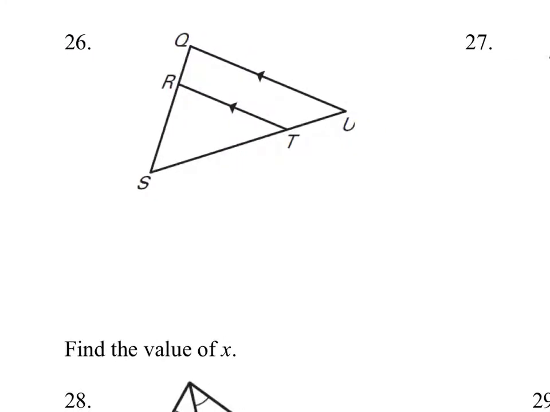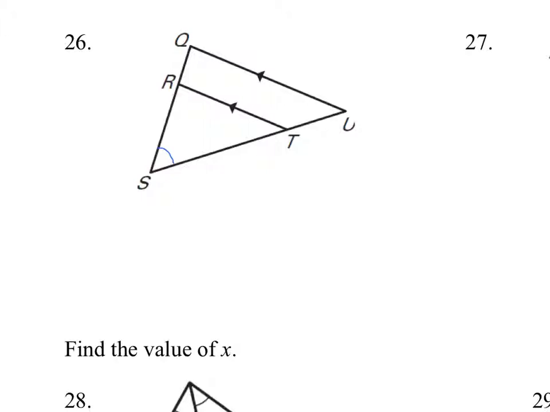Alright, number 26. Okay, this is where we need to think about this as we have one big triangle and we have one small triangle that's inside it. And they share this angle right here. By the reflexive property, they both have angle S as congruent.